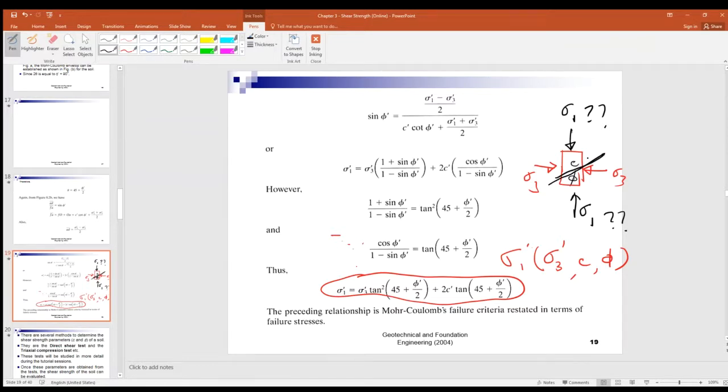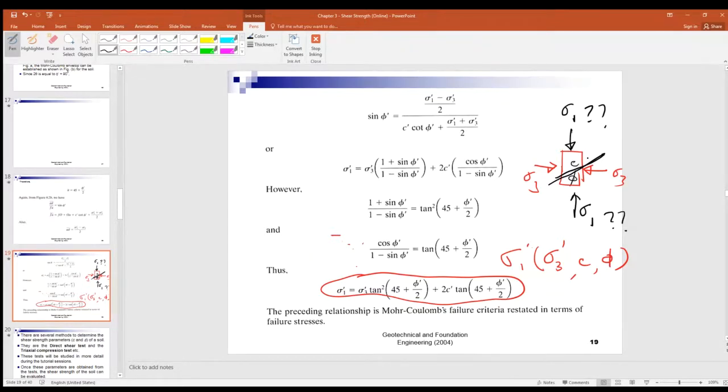In other words, for a certain depth below the ground surface, if we put up a building, a very heavy loading sigma 1 there, and we want to calculate whether the soil at that depth will fail or not. So that is a very important foundation issue, right?